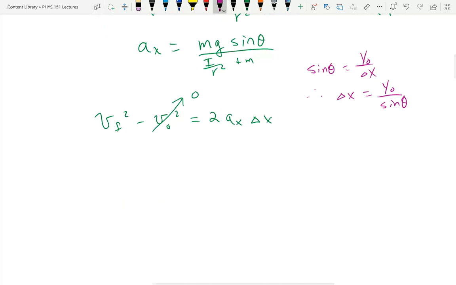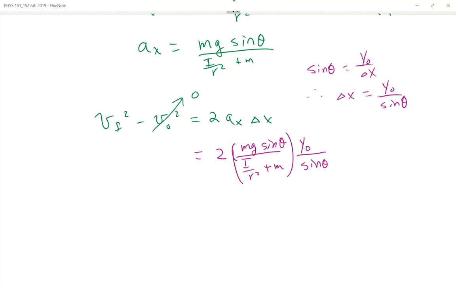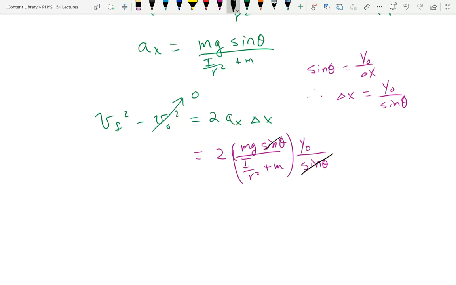So if I substitute in 2 times a_x, that's mg sine theta over I over r squared plus m, times delta x, which is y0 over sine theta, then if I cancel my sine thetas, I have 2 mg y0 over I over r squared plus m is equal to v final squared.